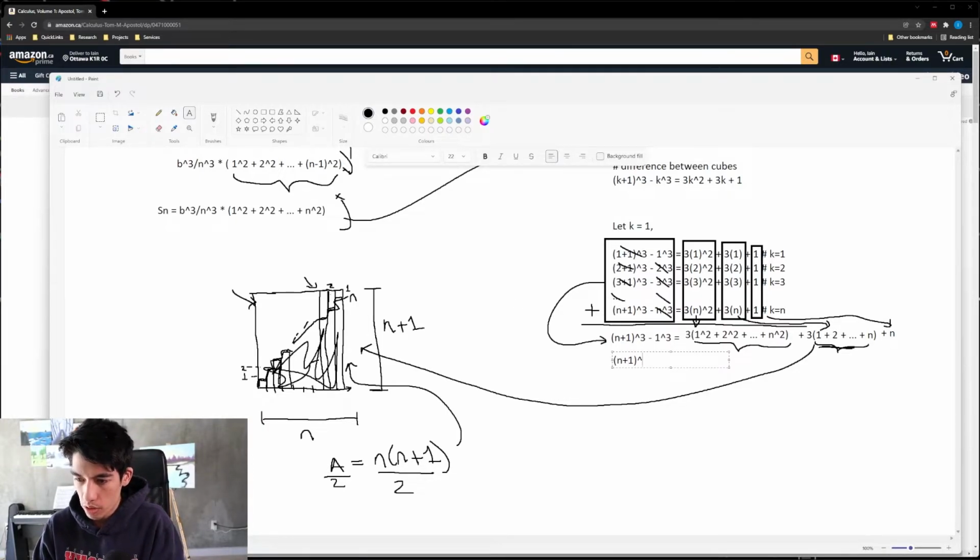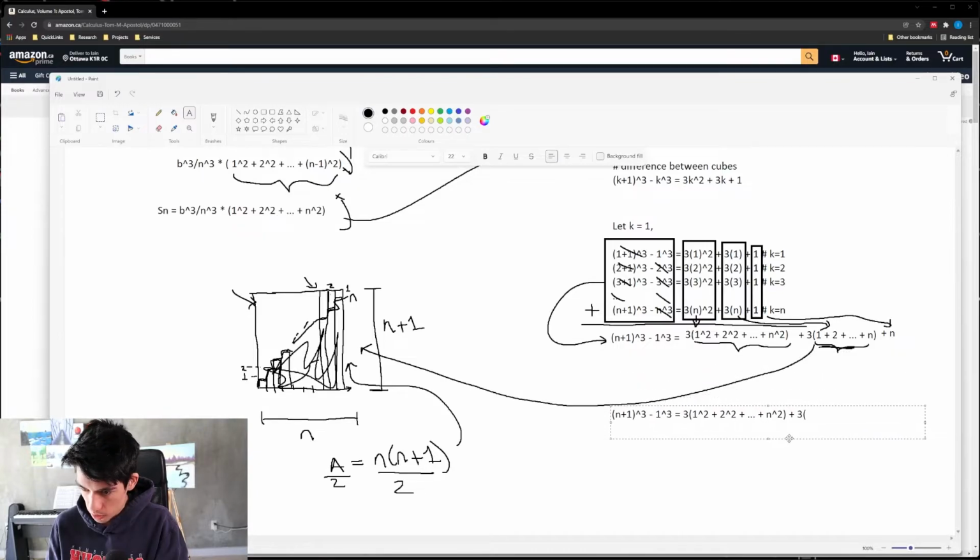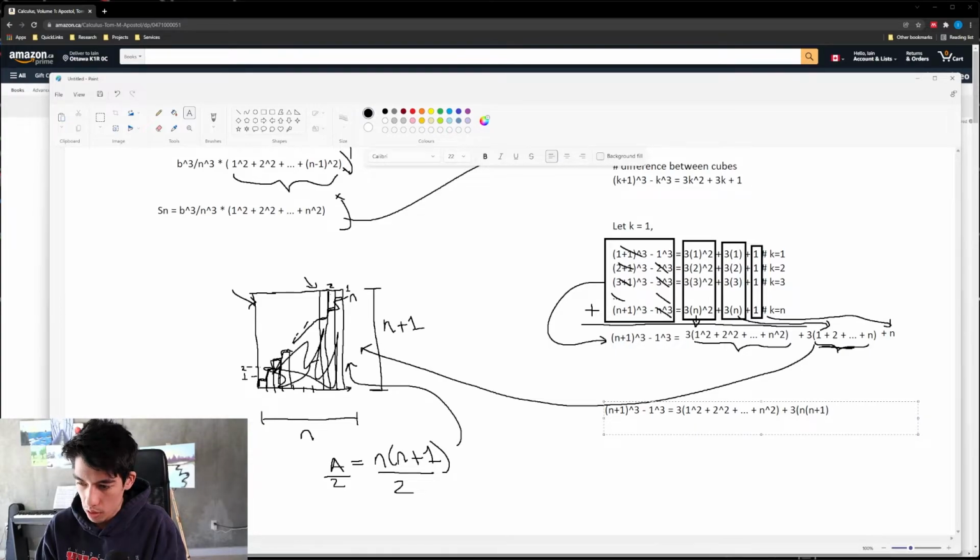N plus 1 cubed minus 1 cubed equals this very long term, plus 2 squared plus n squared plus 3 times n by n plus 1 over 2 plus n. And let's further simplify this.